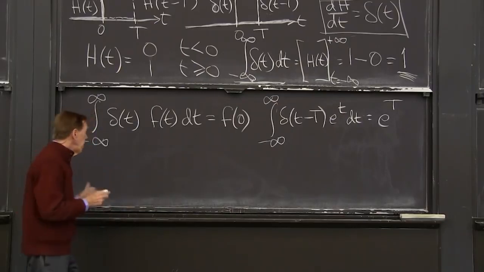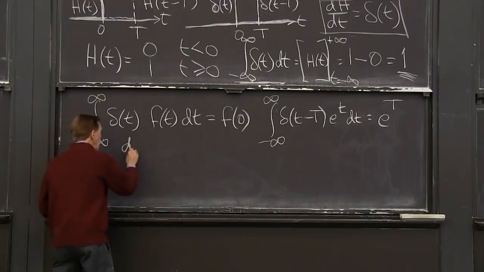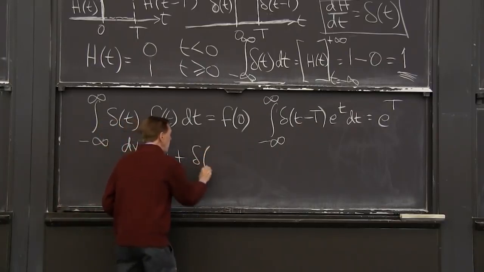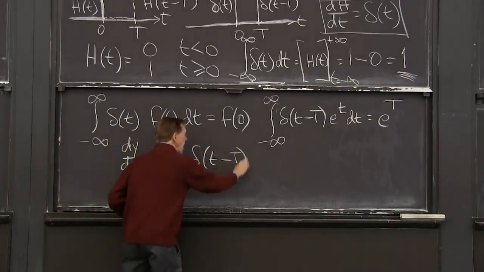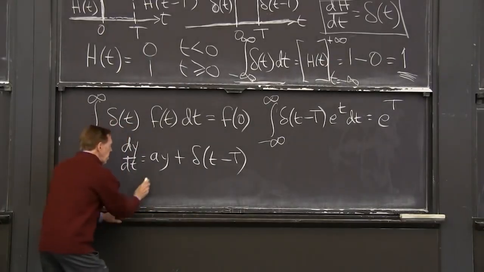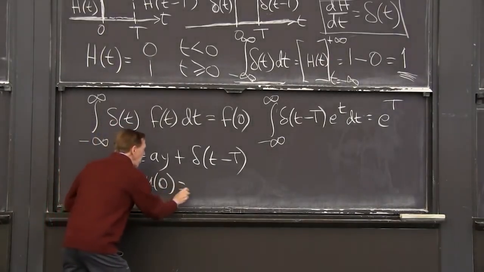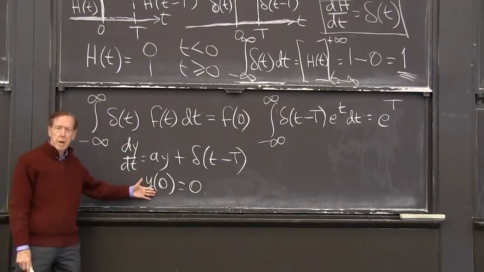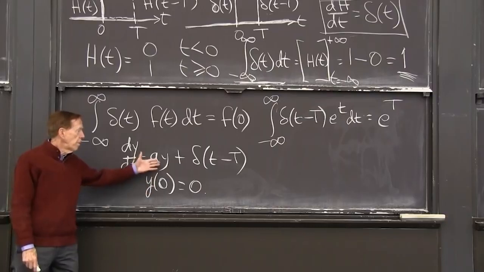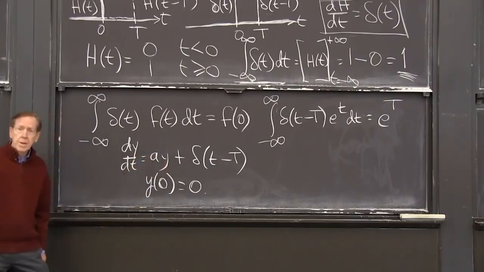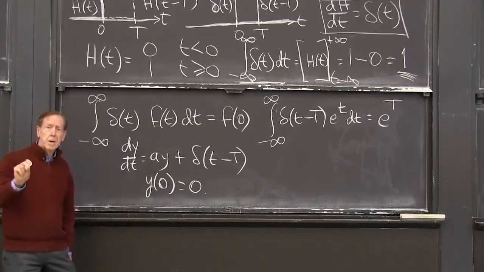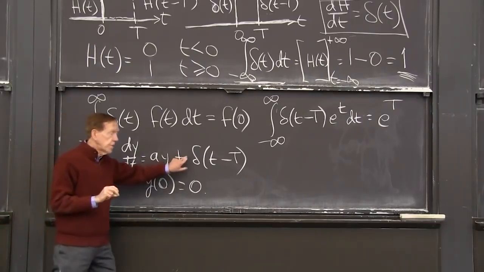But let me solve the equation dy dt equals ay plus the delta function turned on at capital T. And let me start it from 0. So I don't make any initial deposit to my account. I don't make any deposit at all, except at one moment, t equal capital T, and in that moment, I deposit $1. Because this is the unit delta.